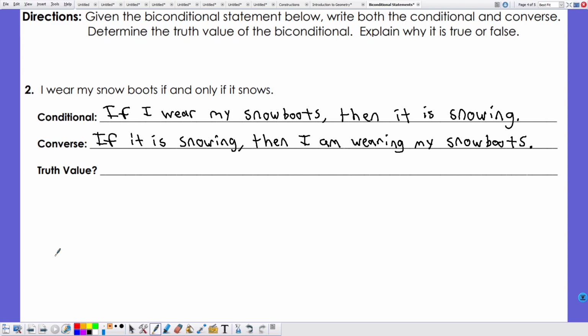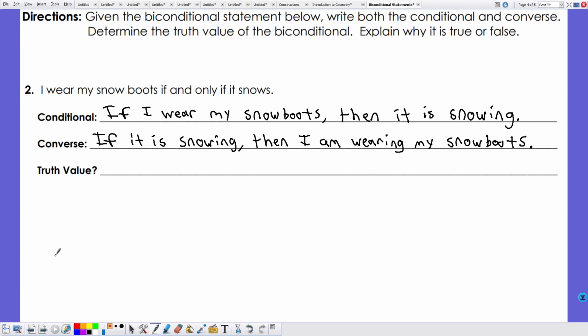It's a little weird because it's not like a mathematical statement that's easily verifiable, but if we take the statement at its word, sure, if the person wears their snow boots, then it must be snowing.